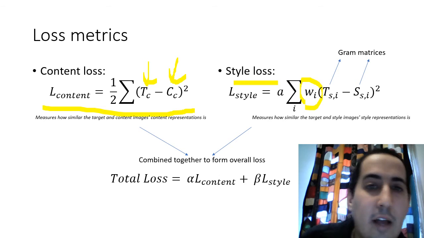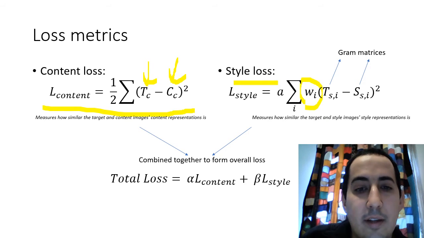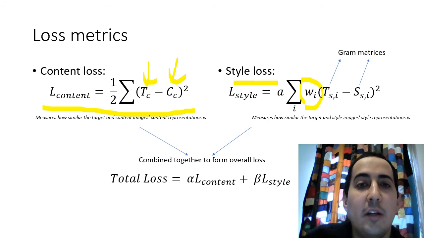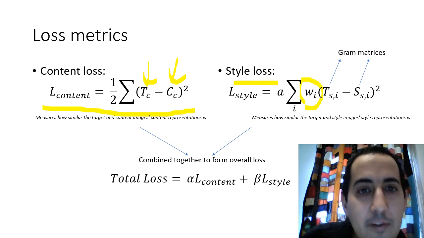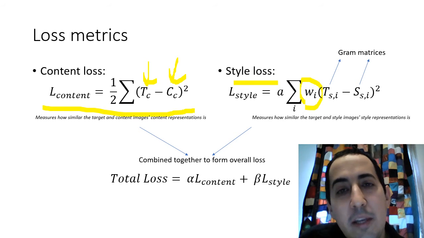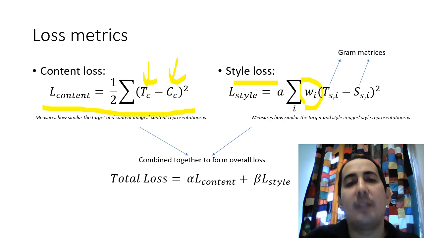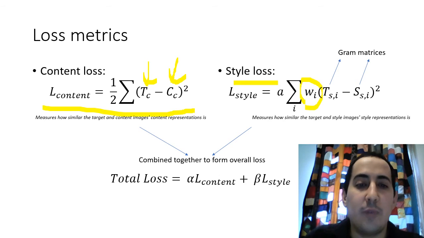Content loss and style loss are combined to produce a single metric for optimization. This metric guides the optimization process such that content from the original photograph is not lost in the target image, as well as the style information of the artistic image is not lost as well.